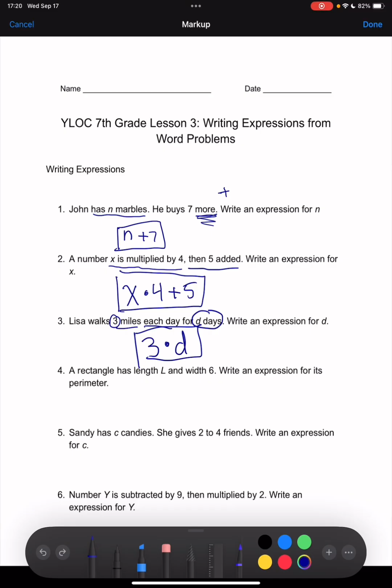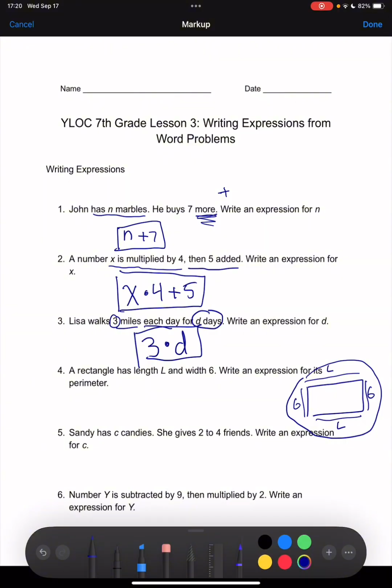Number 4. A rectangle has length L and width 6. Write an expression for its perimeter. So, a perimeter is the length around the rectangle or a shape. And we know that the width is 6. So we have 2 6s, and then we have L for length.